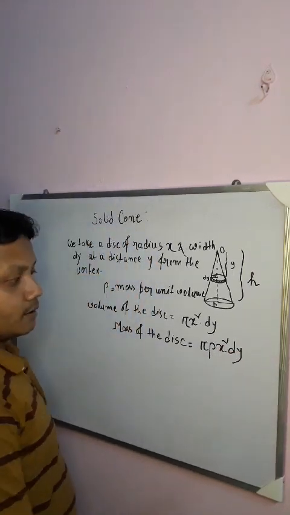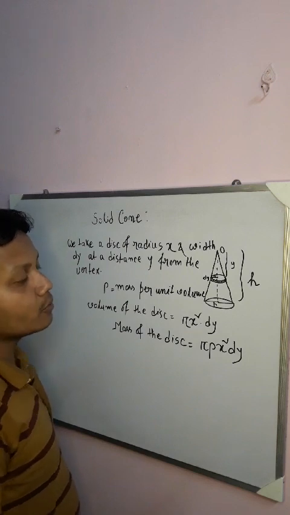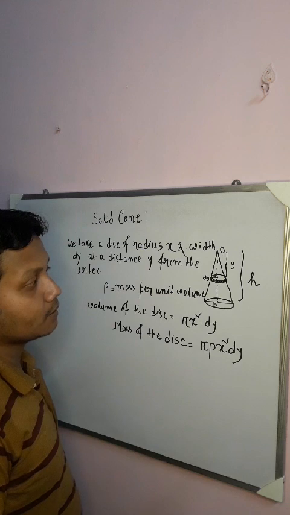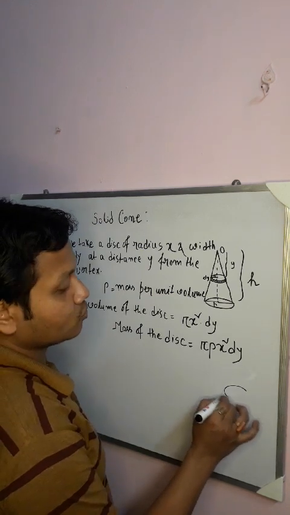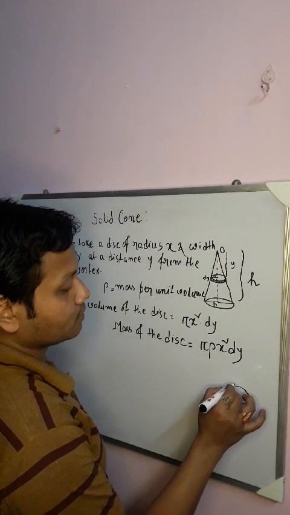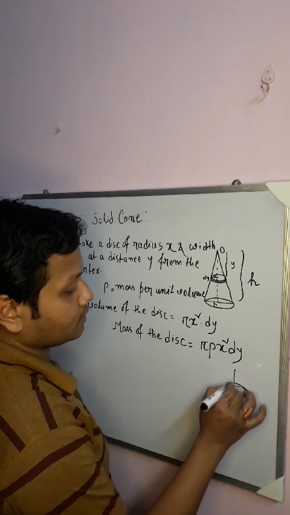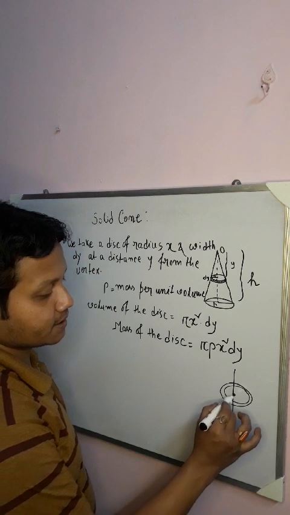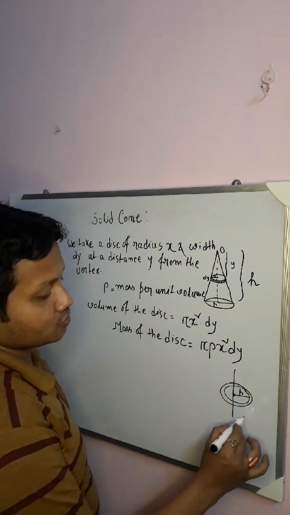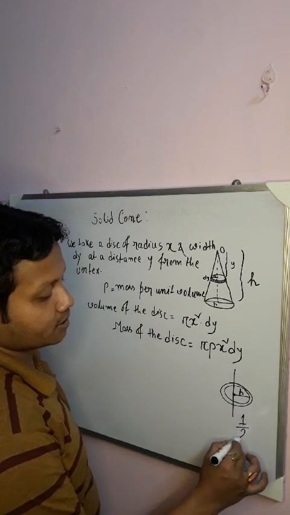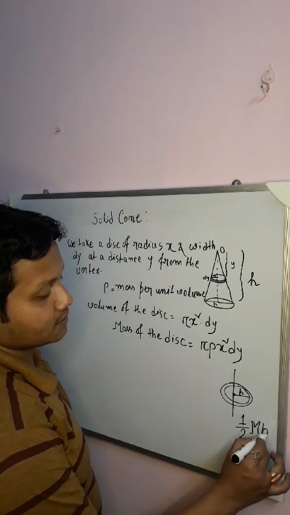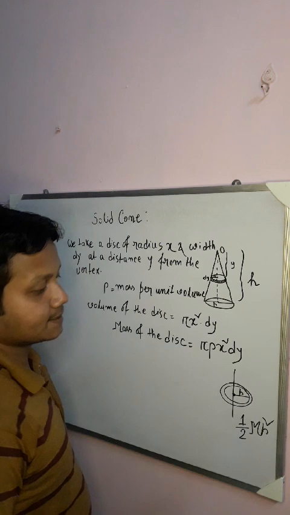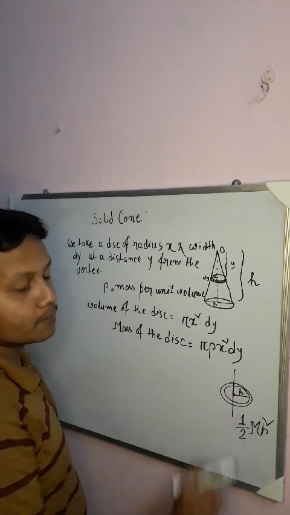Now what would be the moment of inertia of the disk about its own axis? The disk looks like this, and this is the axis. We have calculated previously that if this is the distance r, the moment of inertia of a disk about its own axis is half mr square, where the axis is perpendicular to the plane of the disk.